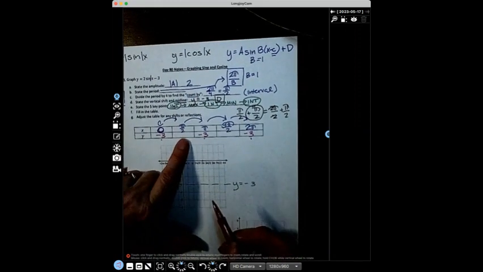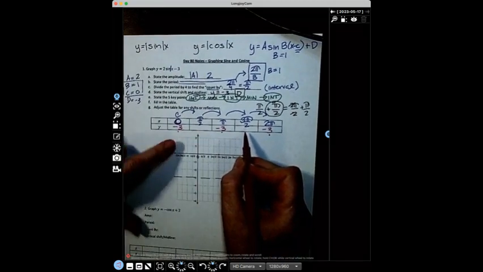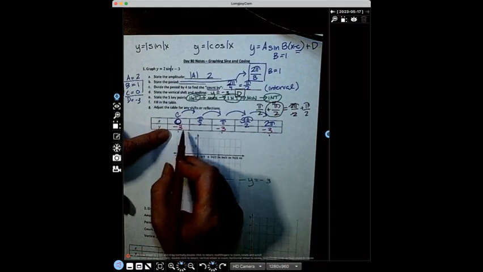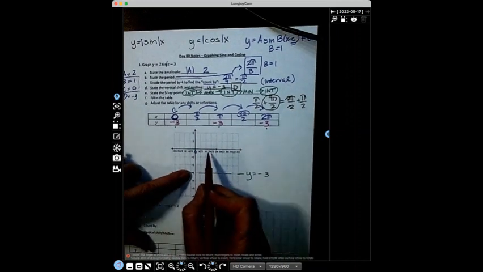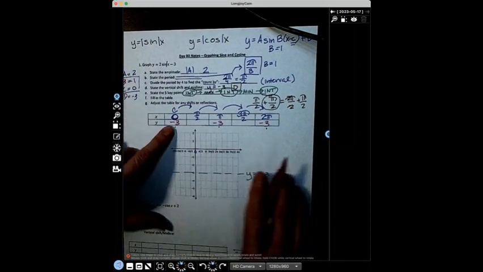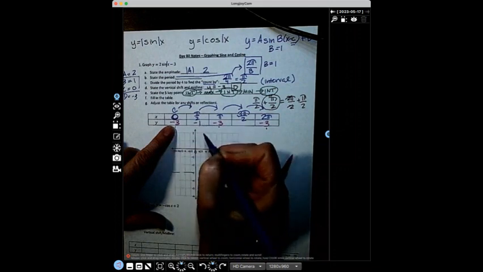So I need the maximum value and the minimum value. So how do I get the max and the minimum? I add the amplitude, right? I'm here and I'm going to add the amplitude. So the amplitude is 2. So -3 plus 2 is -1.